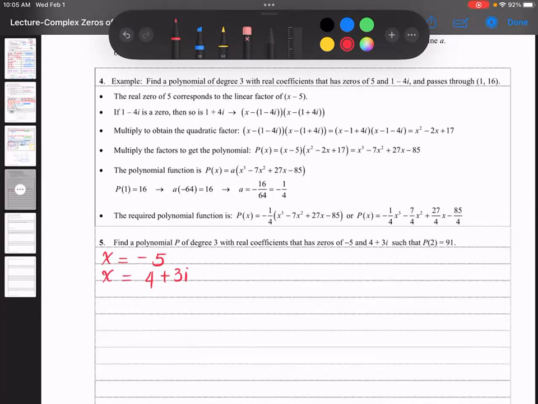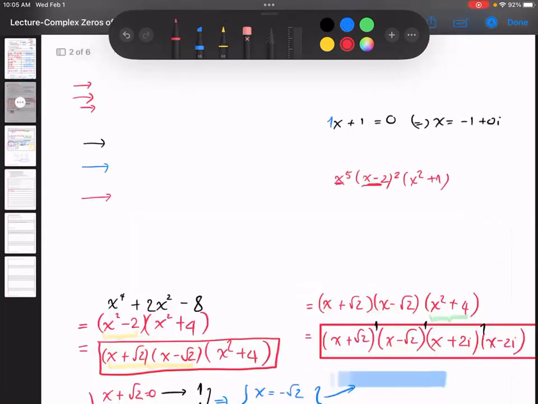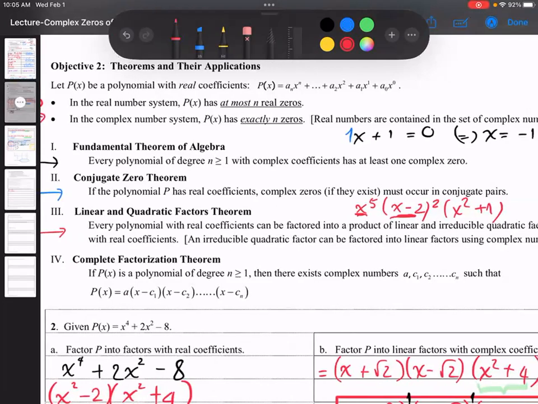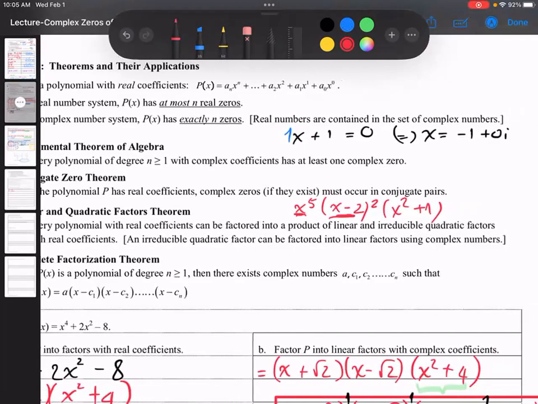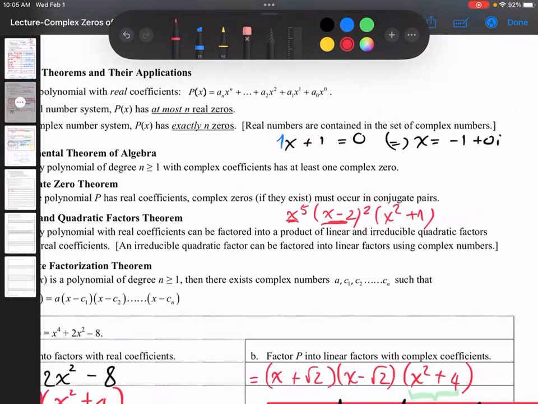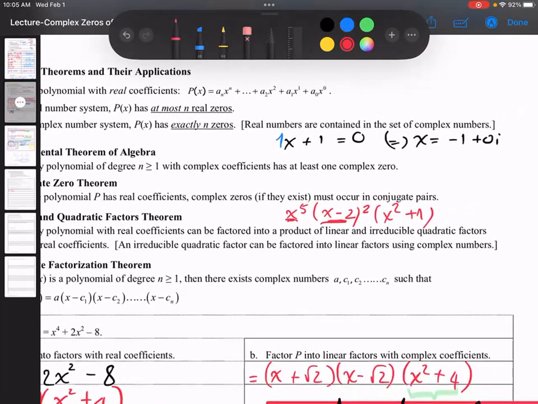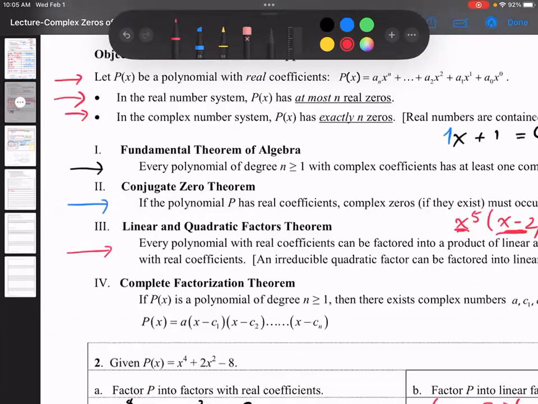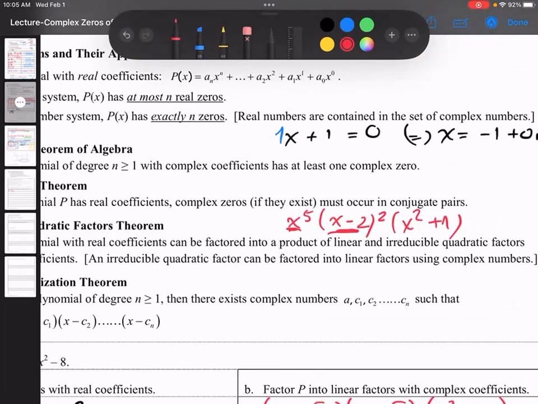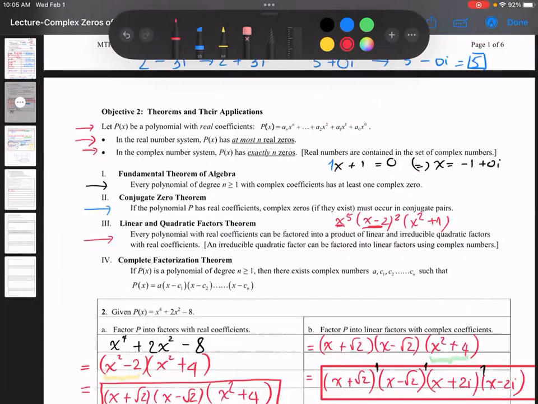Well, let me go back to the theorem that I told you about. The conjugate zero theorem: if the polynomial P has real coefficients, the complex zeros, if they exist, must occur in conjugate pairs.